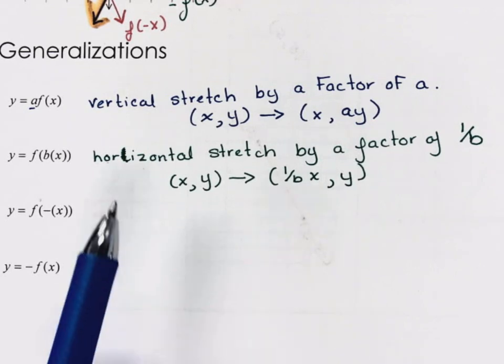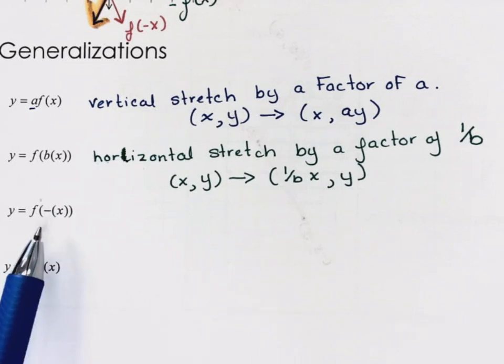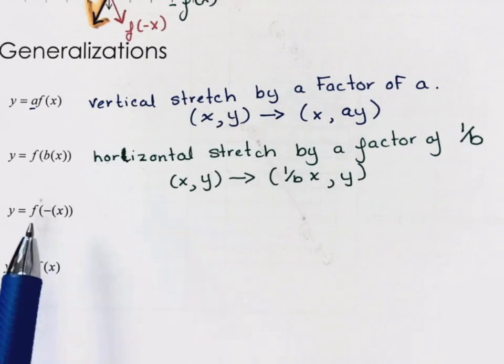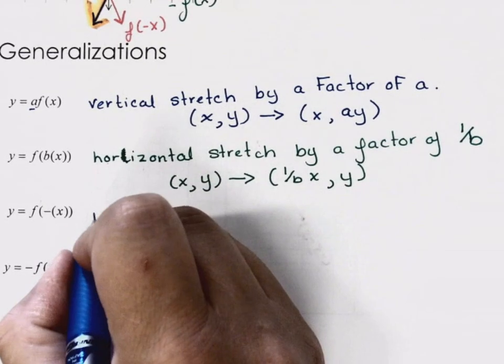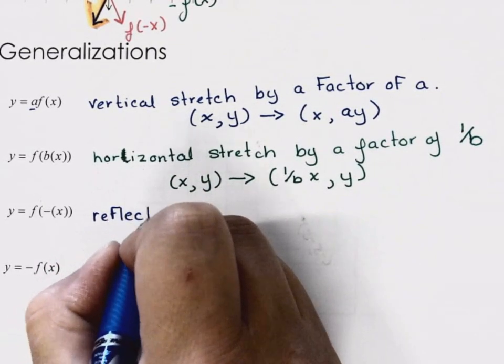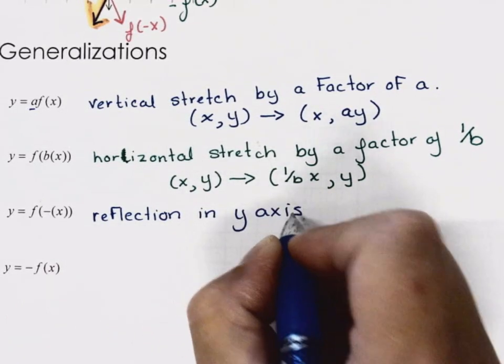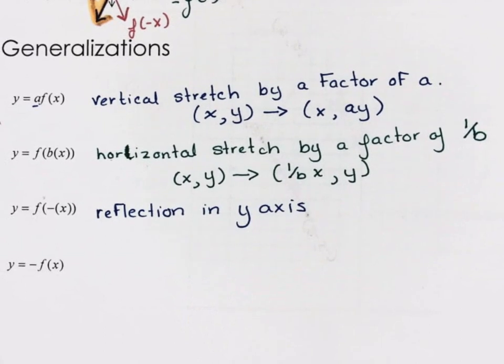All right, what about this one? Reflection in the y-axis. If the negative is on the x, it's a reflection in the opposite axis. So this is going to be a reflection in the y-axis. Wait, why is it the y-axis? Because you're changing your x's, so they'll switch places. So your y-axis is like your mirror.